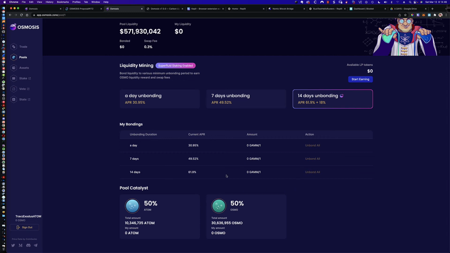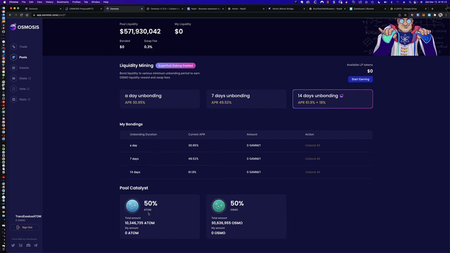So what is this leading to? That's where I want to talk about superfluid staking V2 or inner fluid staking, because the question that I'm getting asked most often is, well, wait a minute. If I can earn an APR on half of this Osmo that makes up the LP pairing, why can't I earn an APR on half of the Atom, or on the Atom that makes up this LP pairing?